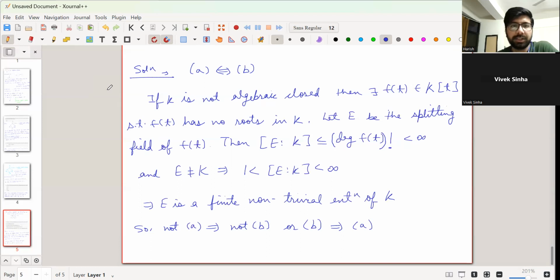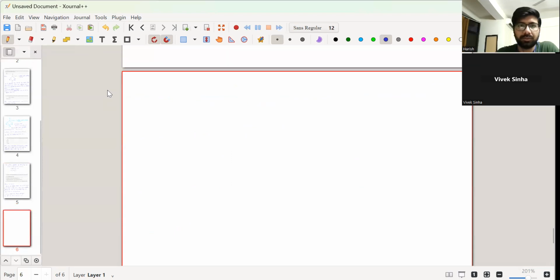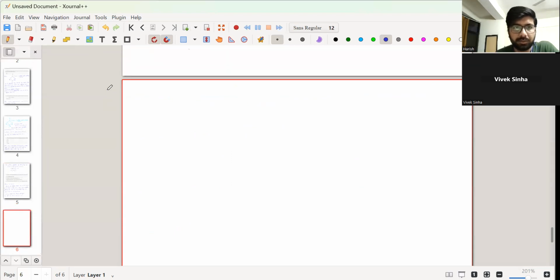Now let's see, not B implies not A. So B says that it has no non-trivial finite extension.